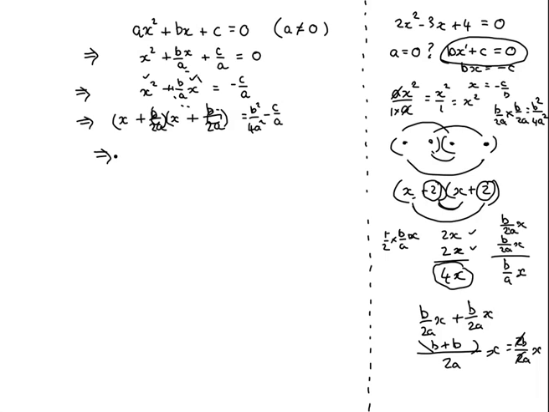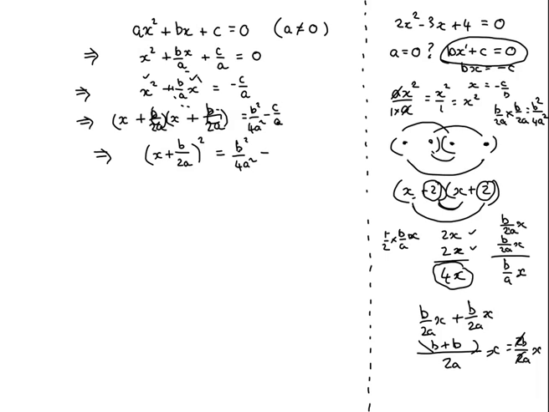Now, since I did this specifically to get these two brackets identical, let's emphasize that by writing this line as that bracket times itself, that bracket squared. This right-hand side, since I'm subtracting two fractions, let's get the denominators identical.